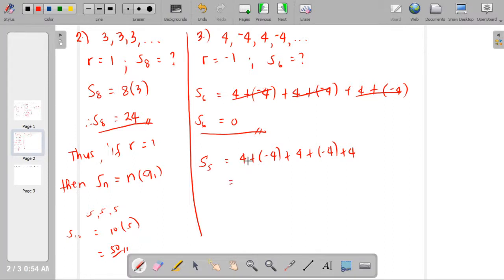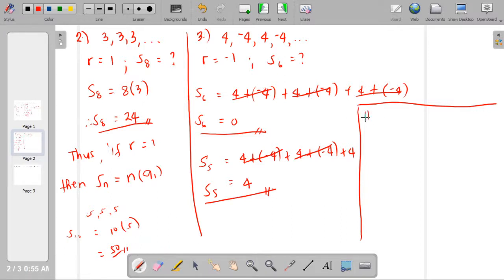If we add 4 and negative 4, that is 0. 4 and negative 4, that is 0. What remains is 4. In other words, the sum of the first 5 terms of that sequence is equal to 4. Did you notice? If the number of terms is even, the sum is 0. But if the number of terms is not even, what remains is your first term. So that is the conclusion we can use.